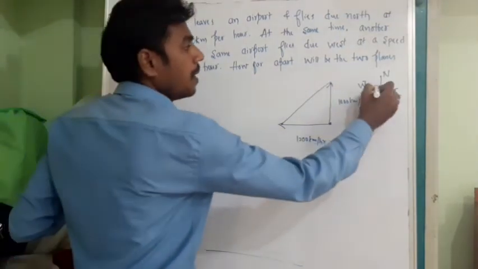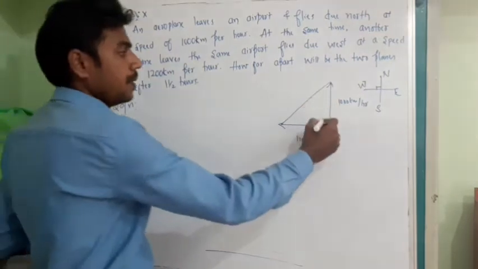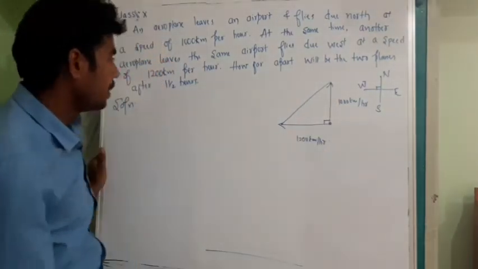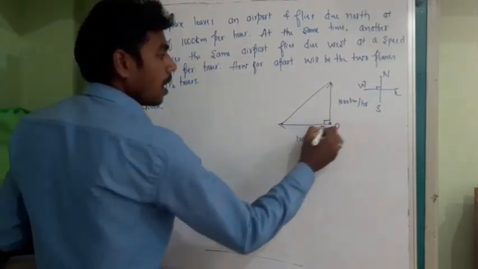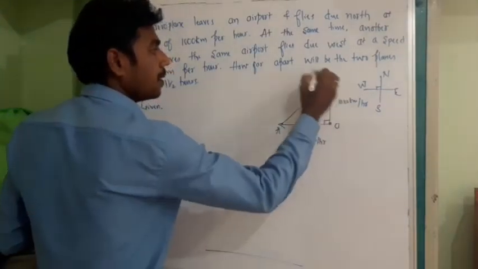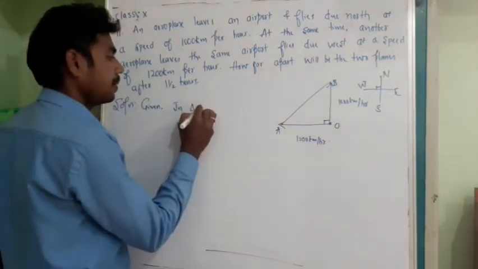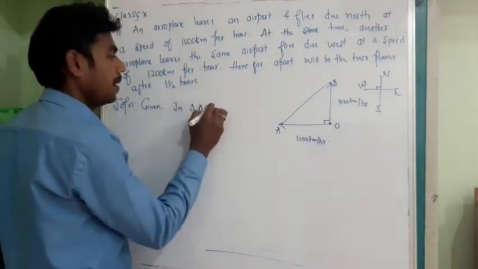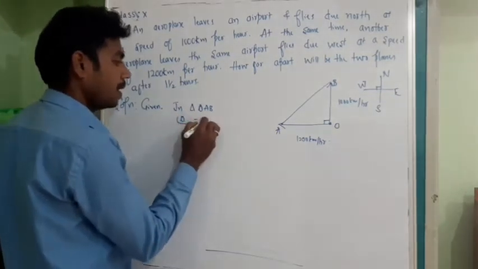There will be absolutely 90 degrees between any two given directions. So this will be 90 degrees. I will call it triangle OAB, in triangle OAB, angle O is equal to 90 degrees.